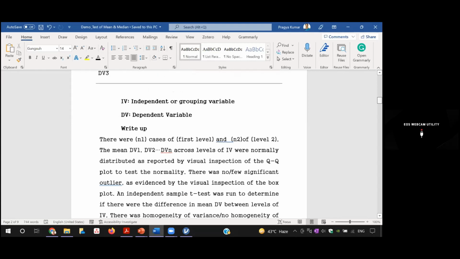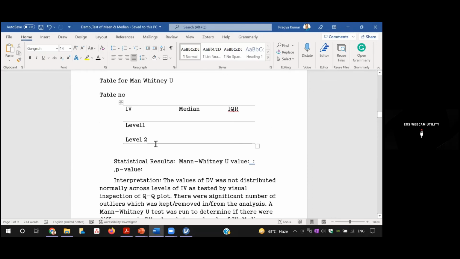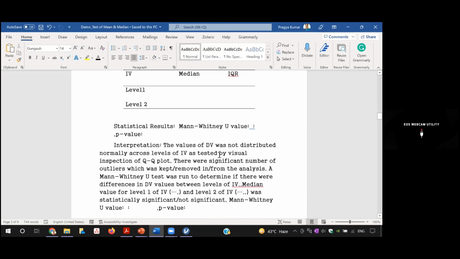Coming to the Mann Whitney, you have to write the median and interquartile range, and the value of Mann Whitney U along with its p-value. And here you have to write that it was not normally distributed as seen by visual inspection of the QQ plot. There were a significant number of outliers, which were either kept or removed from the analysis, and then you performed this Mann Whitney U test and saw whether there was a difference in the median value.